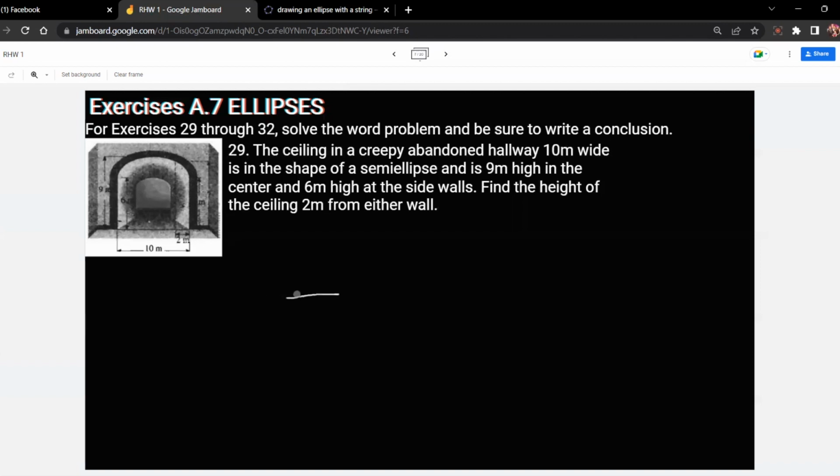Alam mo yung sinabi ni Poincare, Polya, may sinabi si Polya at actually marami yan, about geometry na geometry is the art of correct reasoning using bad figures.